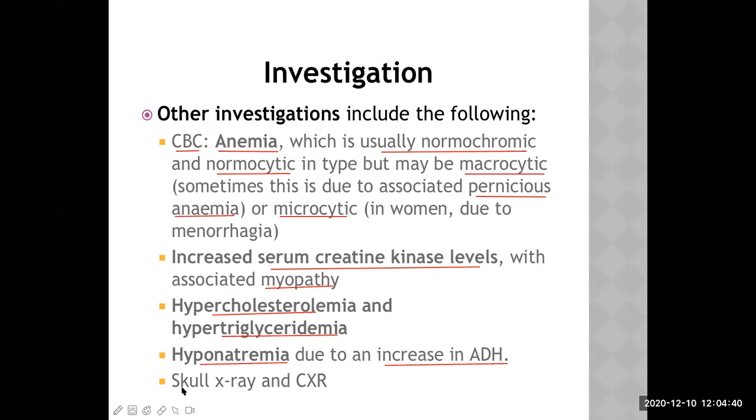Another test we can go for is skull X-ray and chest X-ray. Now, why is skull X-ray done here? Any explanation? Why skull X-ray? Sir, if there is atrophy of the pituitary gland. Okay.